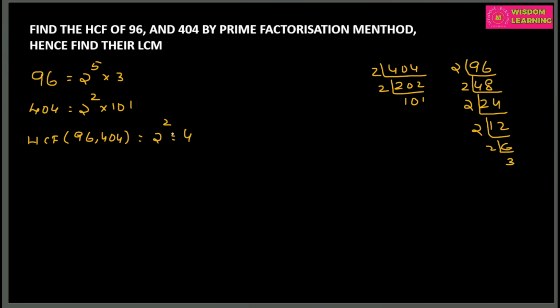So we have the data: 96 is a number, 404 is a number, and the HCF. Using these data, we have to find the LCM without using prime factorization.